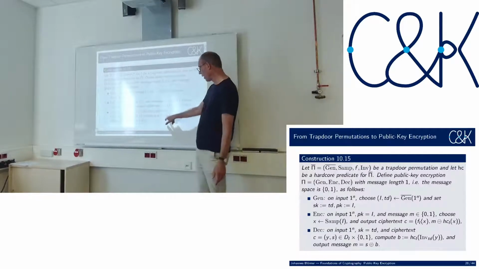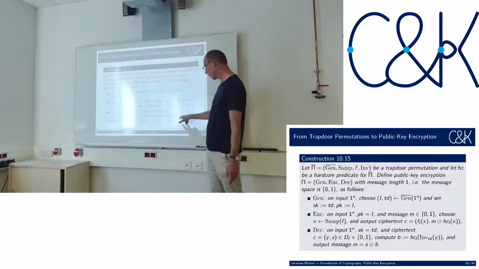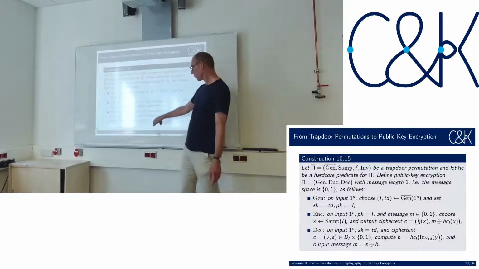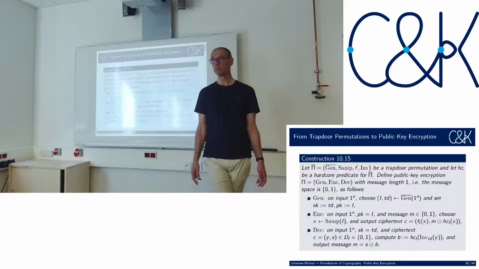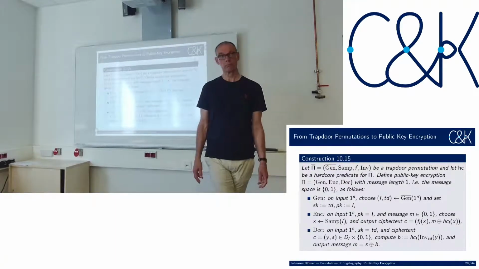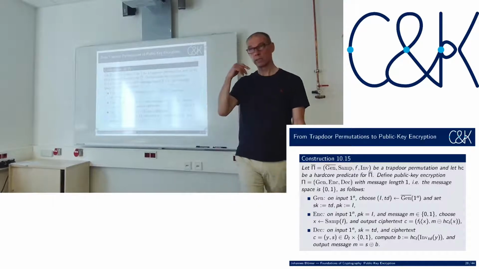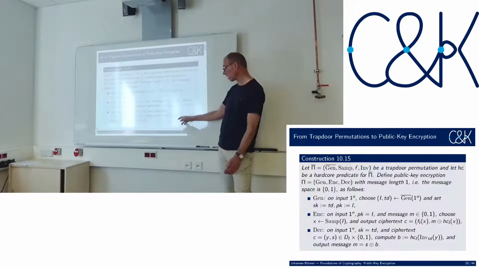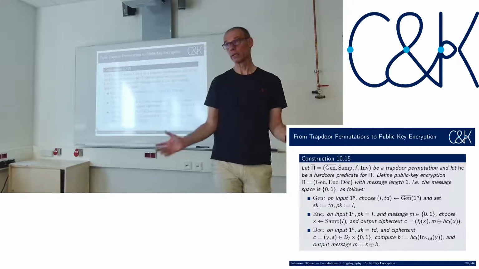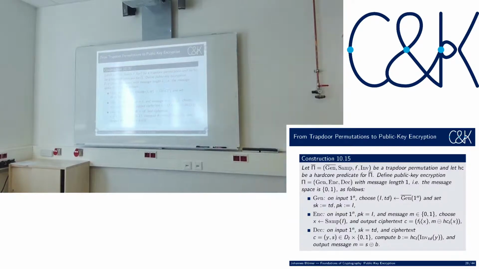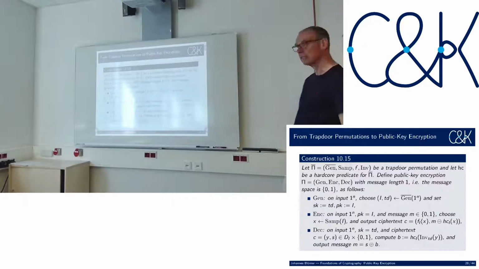And then I evaluate the hardcore predicate on this inverted value and get back the message, as s XOR HC of x gives m. So you see, this really requires this to be a permutation, because it doesn't help me if I get some other preimage that may have a different hardcore predicate. I really need that one. That's why I need a permutation. And that's the construction.